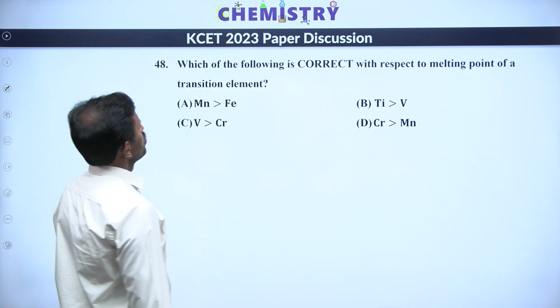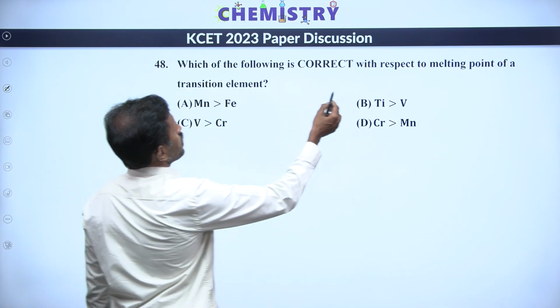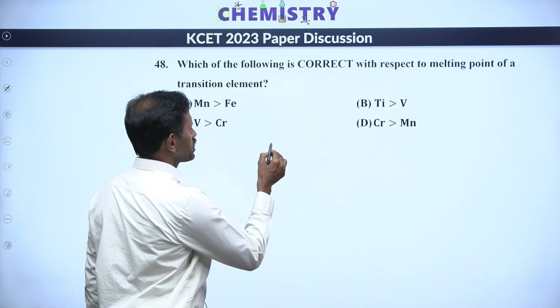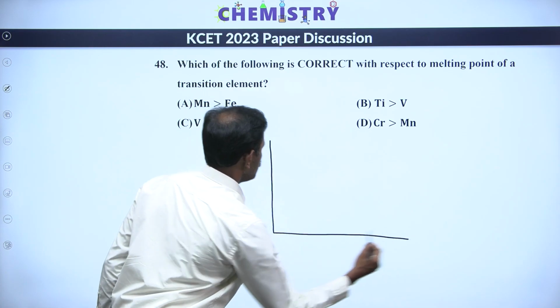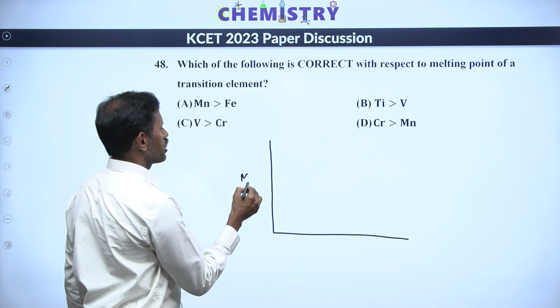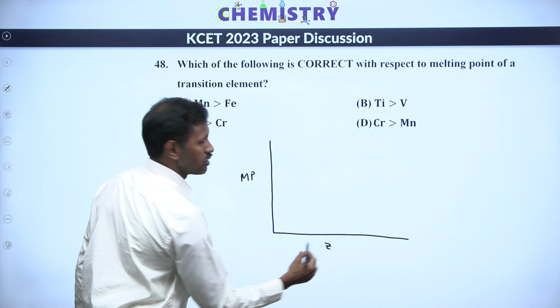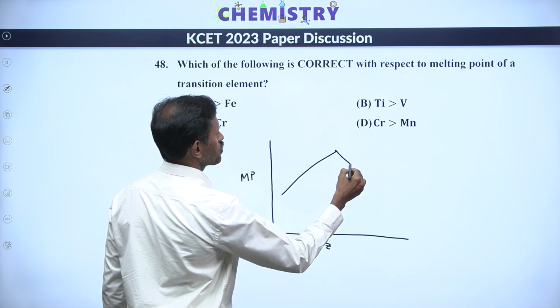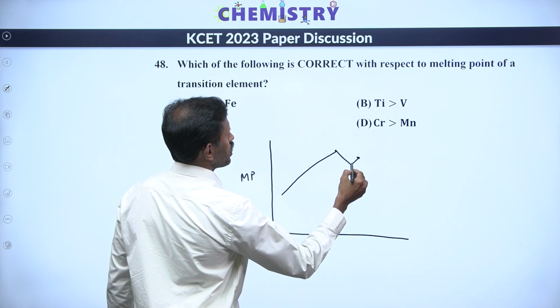Next, 48: which of the following is correct with respect to melting point of transition elements? If you see the 3d series of elements, this is melting point, here atomic number. The graph will be like this: this is chromium, after that manganese and iron.